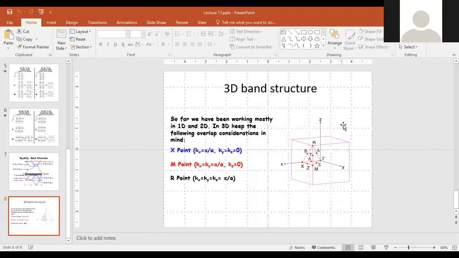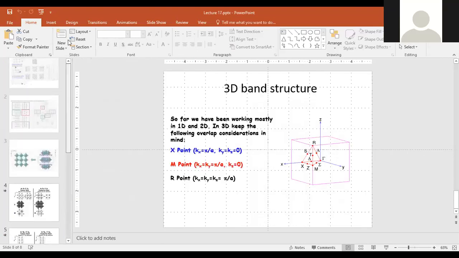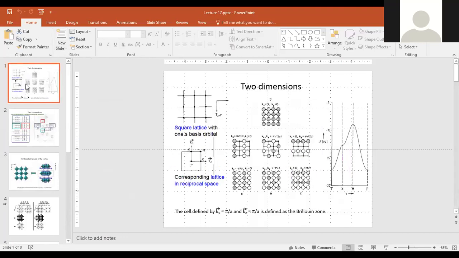Yes, Tom, you have a question. Yeah, I'm sorry, but you mentioned on the last slide or two, where is the Fermi level? I'm sorry if I missed it, but where is the Fermi level? Okay. Let's go back.